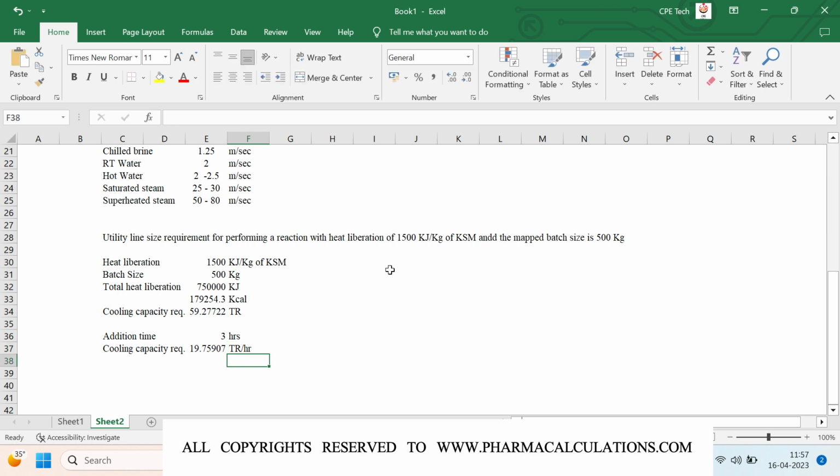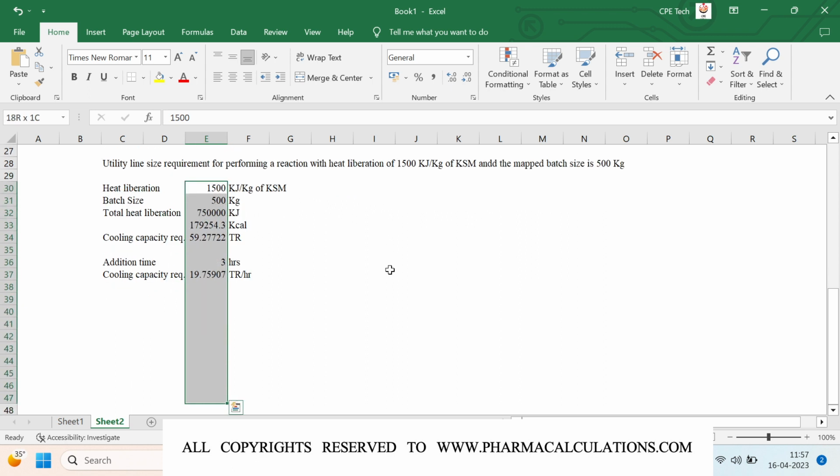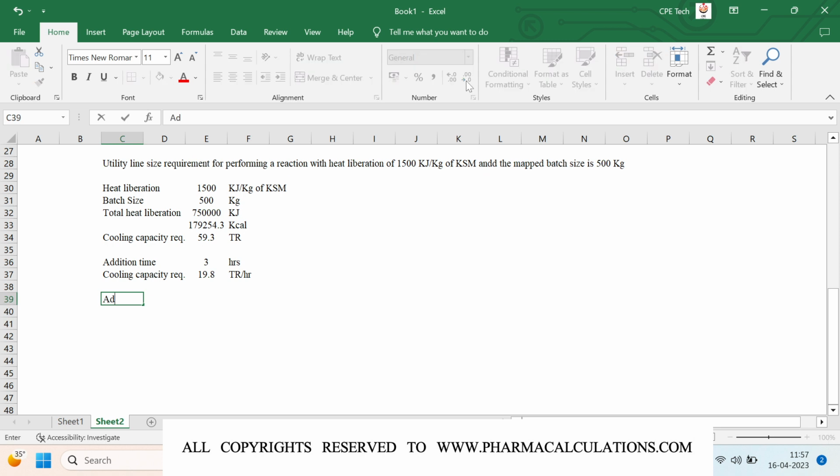And once this is known, we should check the addition temperature also. Okay, the addition temperature, let's say this is at 0 degrees centigrade.